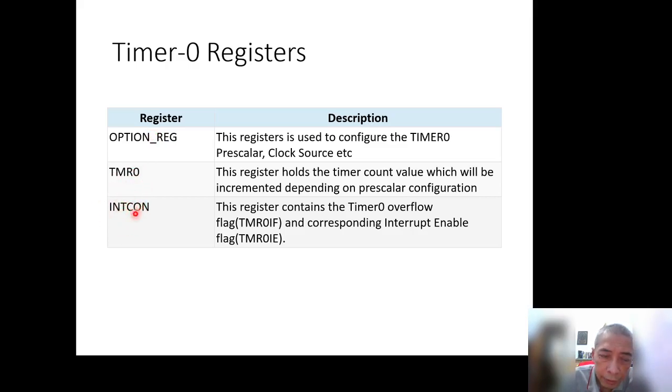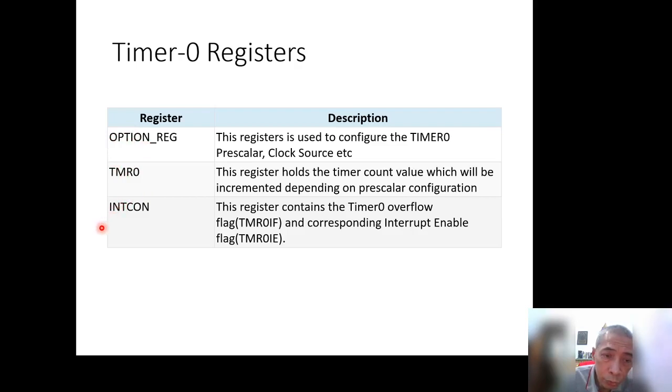This register contains the Timer 0 overflow flag, T0IF, and the corresponding interrupt enable, T0IE. F stands for flag, E stands for enable. So there are three kinds of registers, but the important two are OPTION_REG and TMR0.